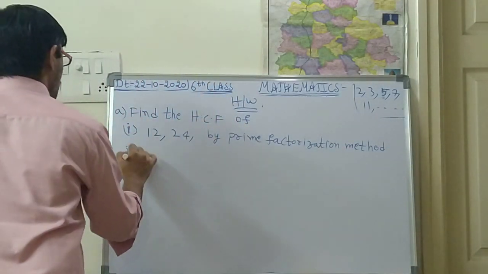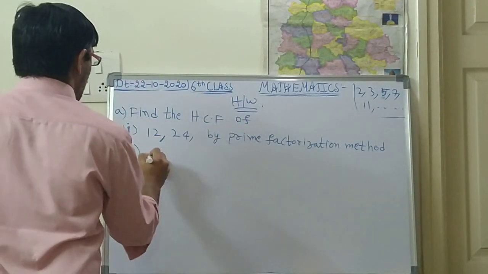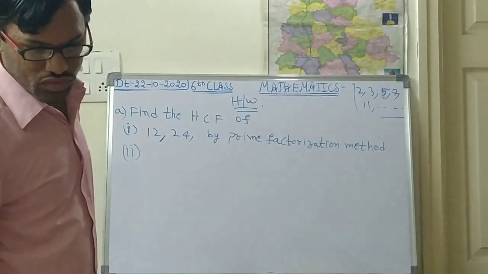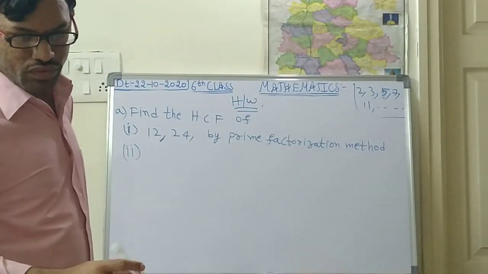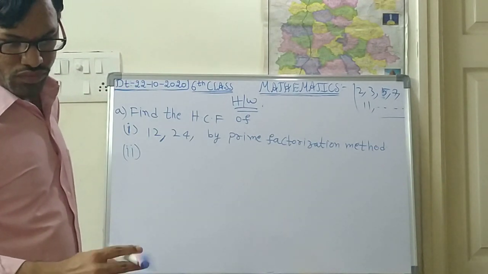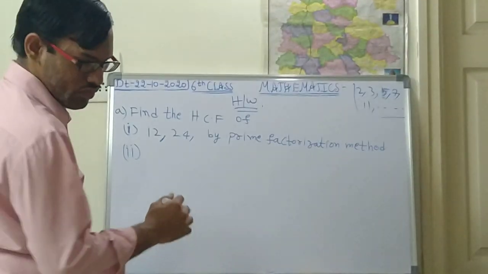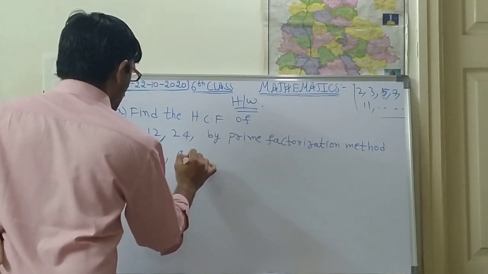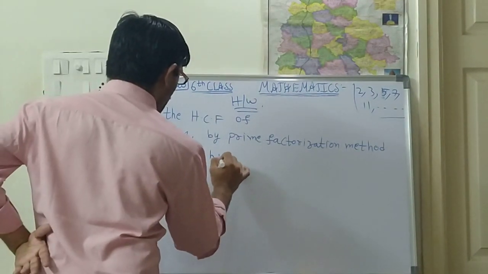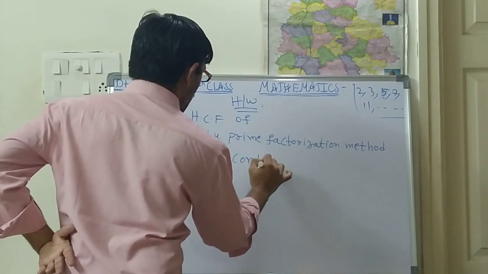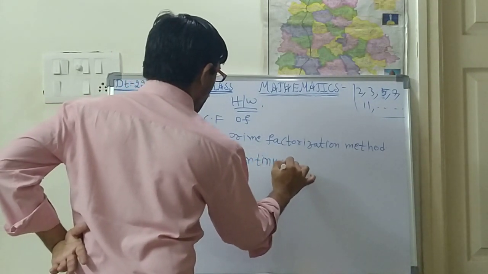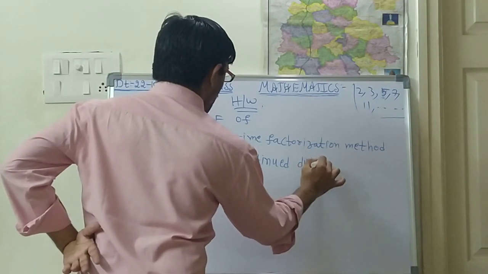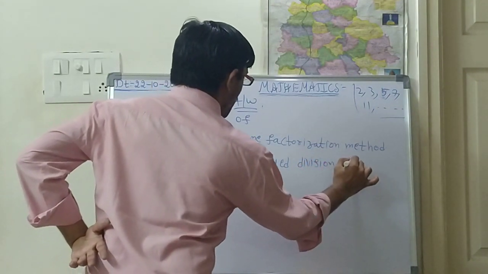Next, second one: 60, 90 by continued division method.